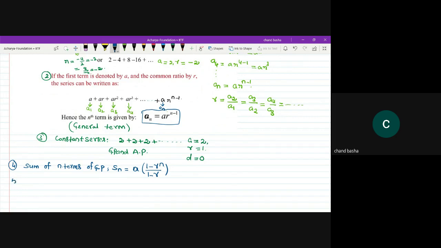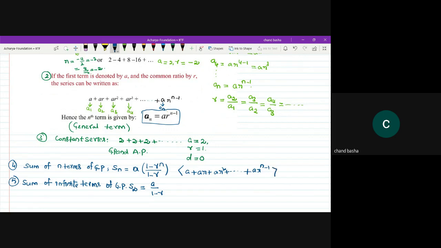And the fifth point, sum of infinite terms of GP. Sum of infinite terms of geometric progression, S infinity is equal to A divided by 1 minus R. So here this type of sequence will be A plus AR plus AR square plus and so on plus AR power n minus 1.